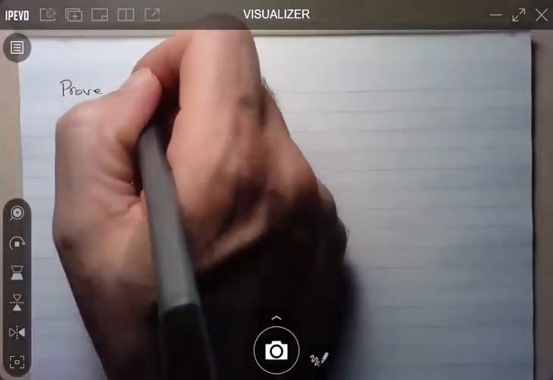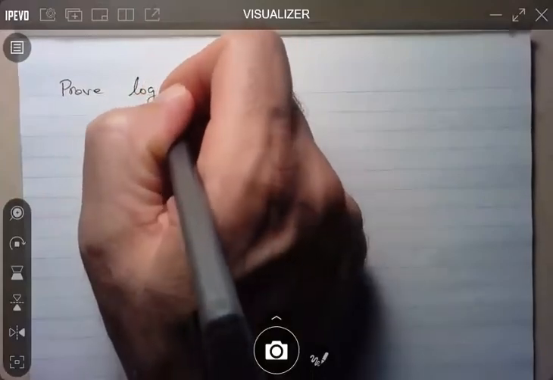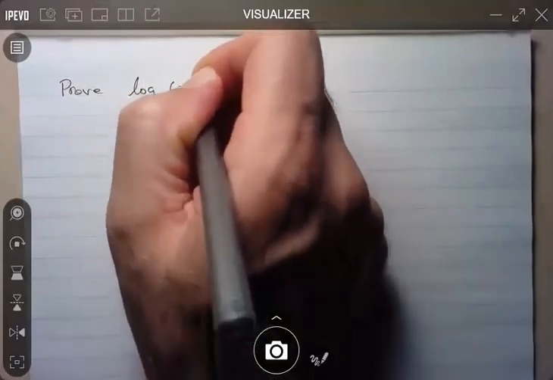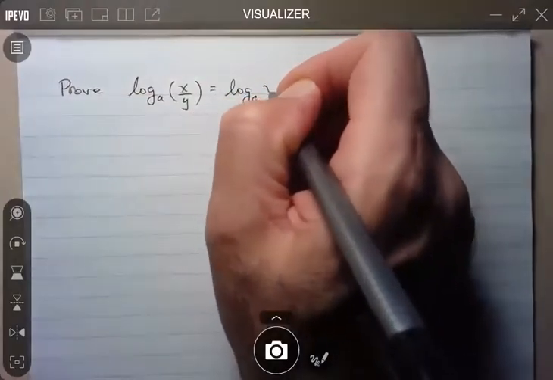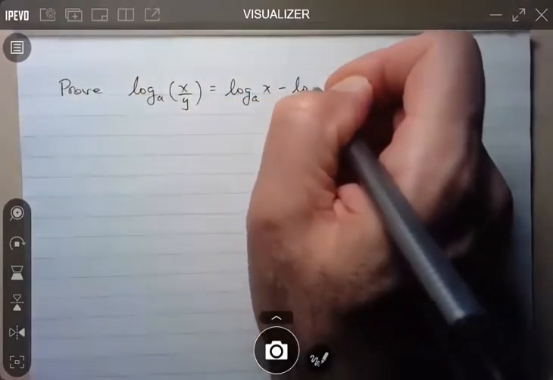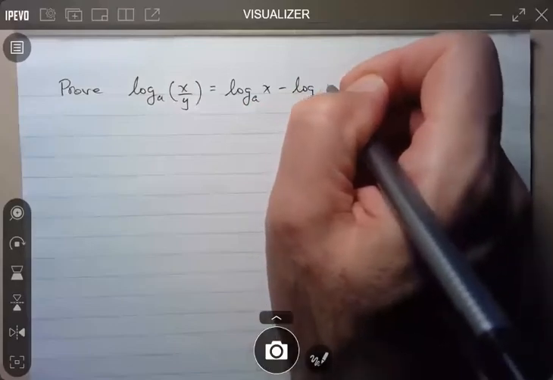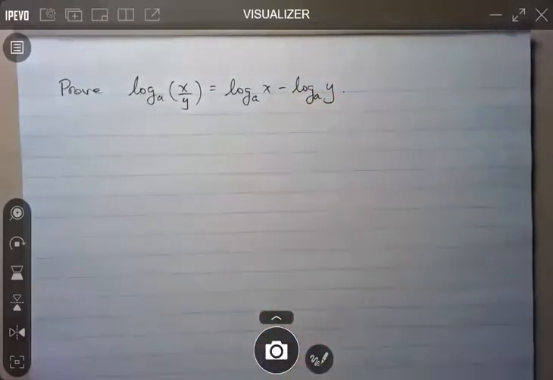Okay, so let's say I want to prove that the logarithm of a quotient is equal to the difference of the individual logarithms. Now when we did this, we didn't have the end result.